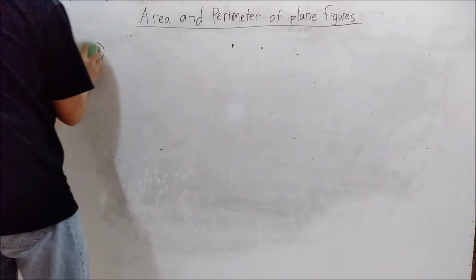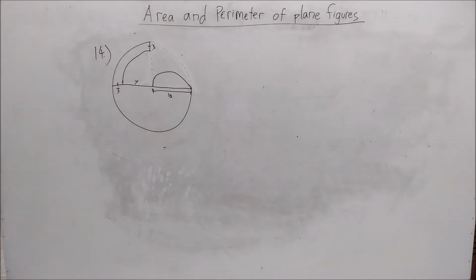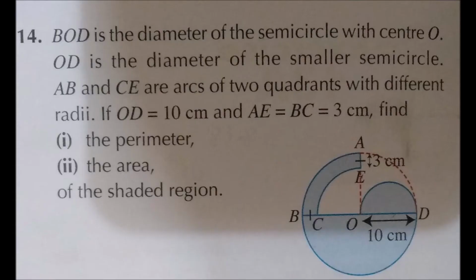Next number will be, well, let's read the question for number 14. BOD is the diameter of the semicircle with center O. OD is the diameter of the smaller semicircle. AB and CE are arcs of two quadrants with different radii.